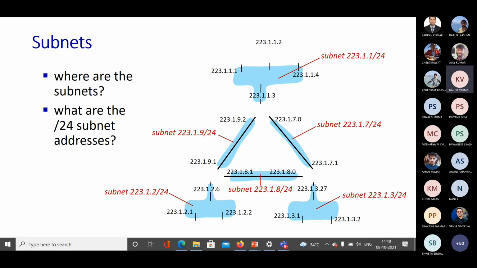So these are the ones which are /24-bit subnets. Okay, so there should be a little more understanding of these, so I will not ask this question right now. We will move forward a little bit more into IP addresses, and then we can probably ask this question later.